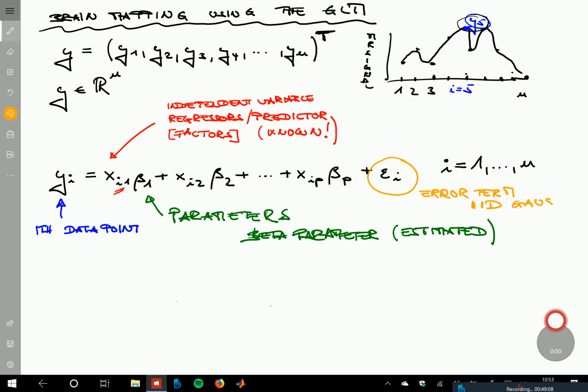This is not a necessary assumption in all regression or multiple linear regression. You can do multiple linear regression happily without assuming any Gaussian error terms. But if you want to do parametric inference on the model, which you do when you want to get the p-value out of your SPM table or your FSL table or wherever, then you imply that this is Gaussian. And we will talk more about this Gaussian assumption, I guess, next time.